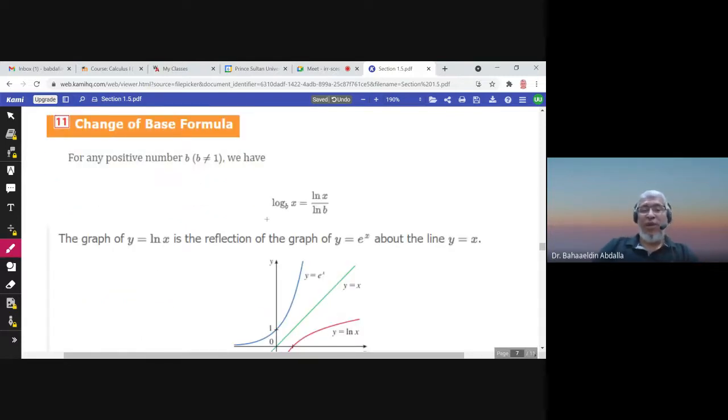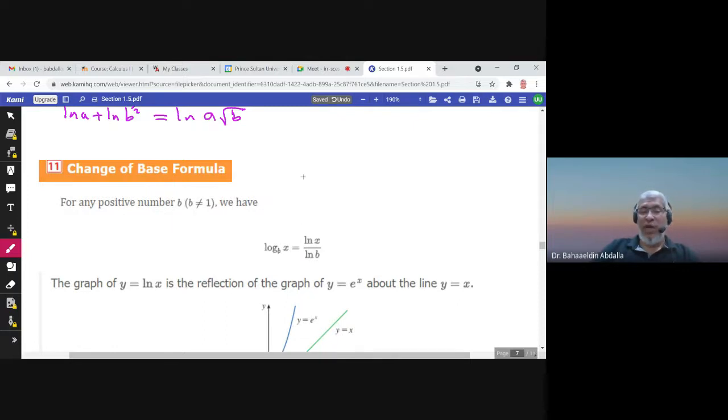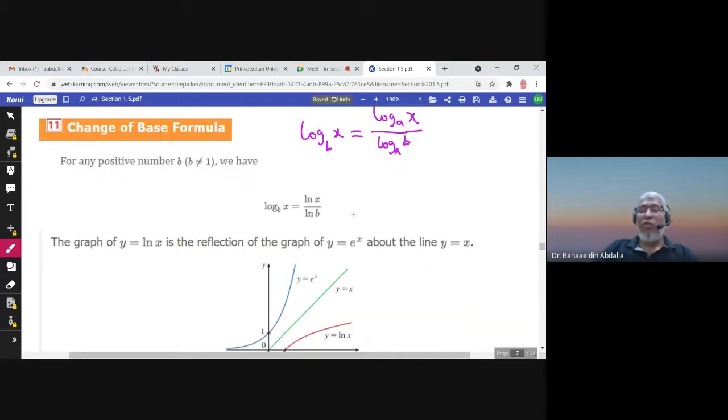Change of base formula. If the base is b and you want to change it to a, the formula would be log x to the base b. The new base is a, so write log over log and put the new base a and then put x here and b here. This is the general formula. If you want to change it to the base e, so log e would be ln.